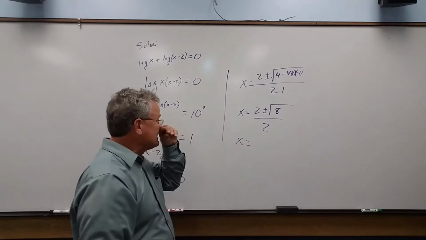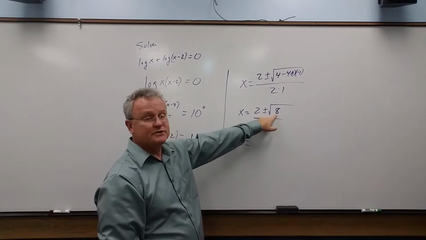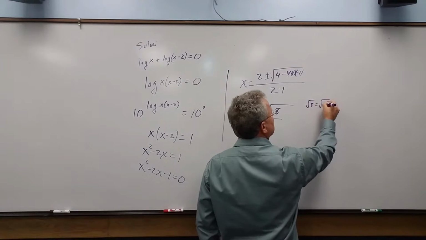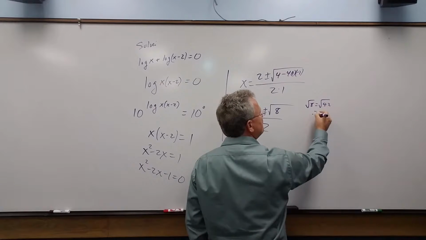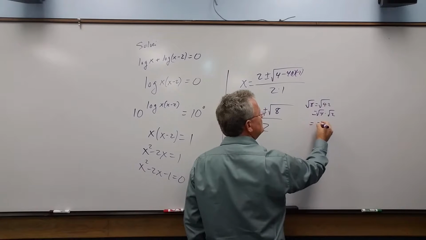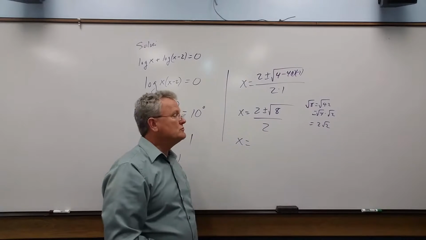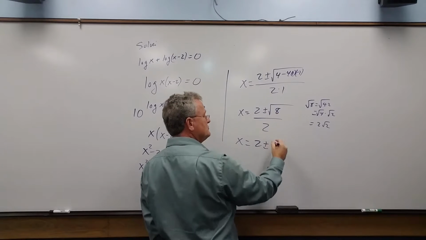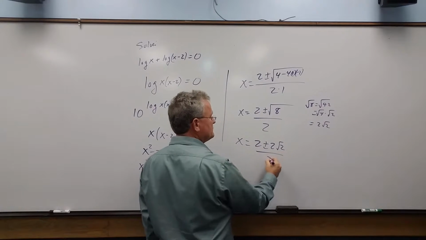And here we get x is equal to, let me simplify this. This is 4 times 2. The square root of 4 is 2. So this gives us 2 root 2. So we can write this as 2 plus and minus 2 root 2 over 2.